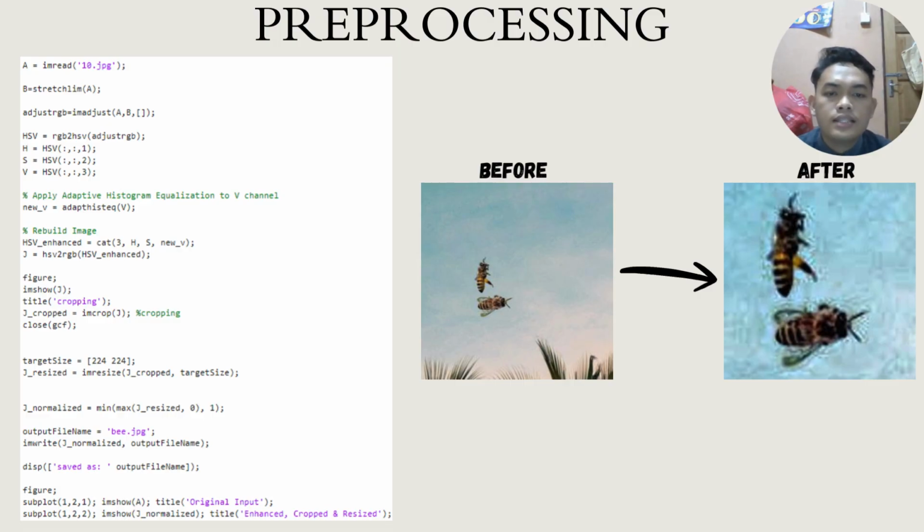Finally, the resized image is normalized to keep pixel values within the range 0 to 1. Lastly, we use an output file so that the image can be stored. On the right side, you can see before pre-processing and after pre-processing.